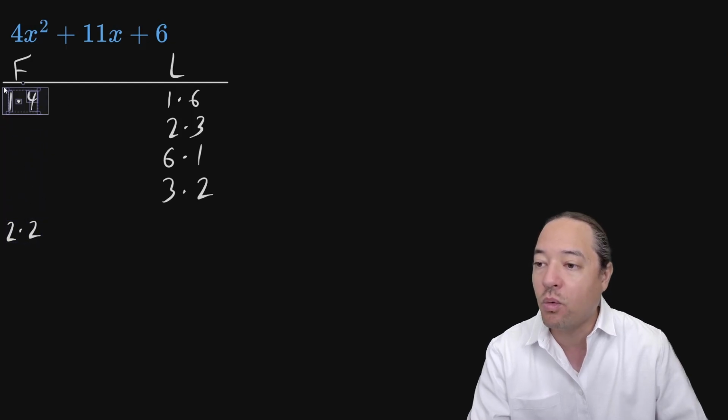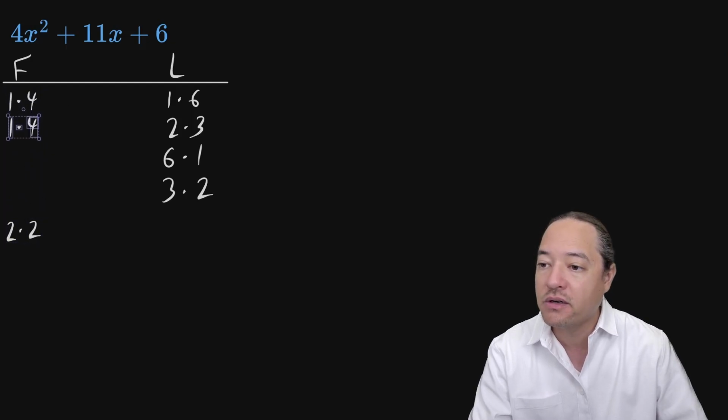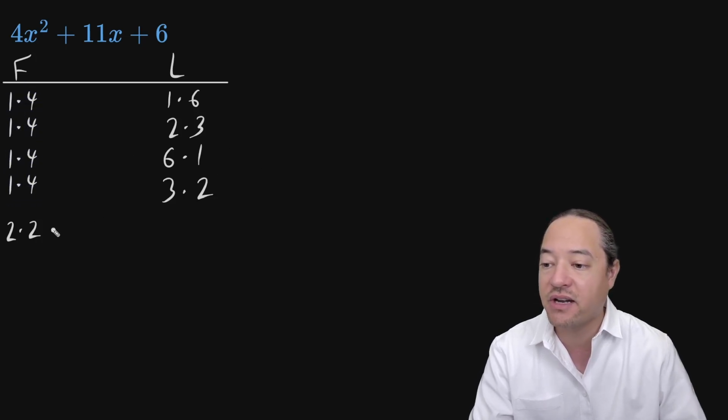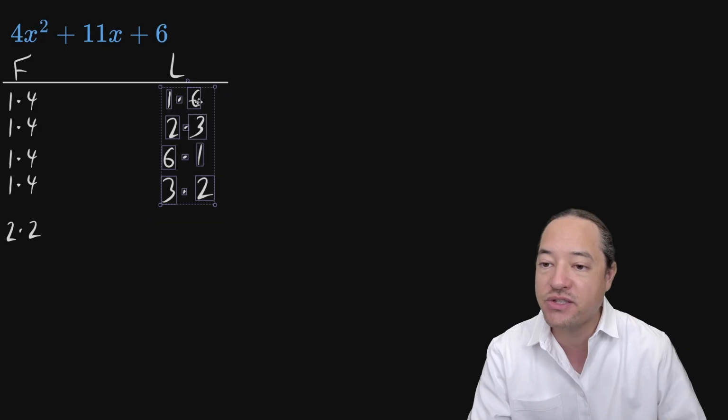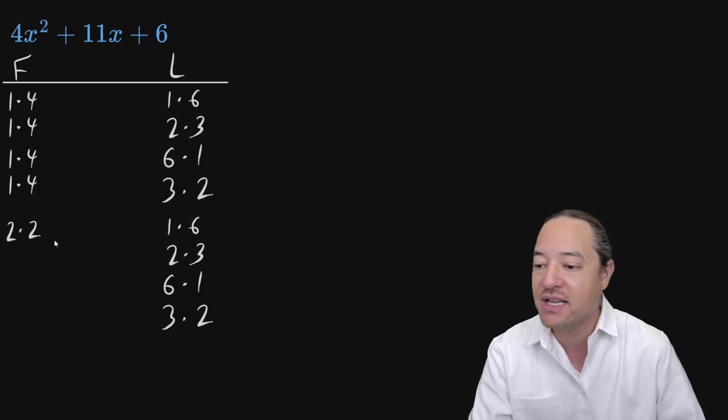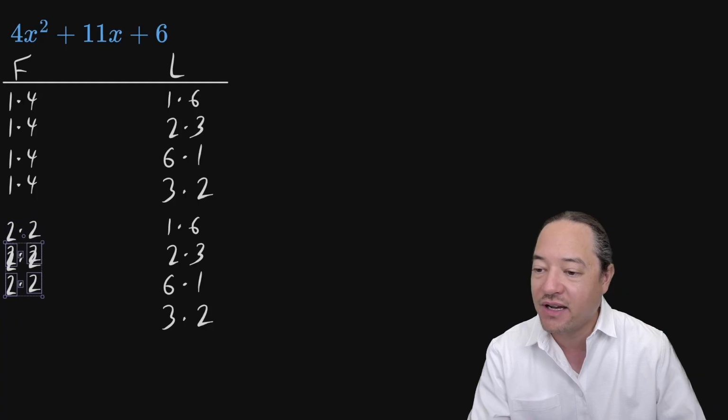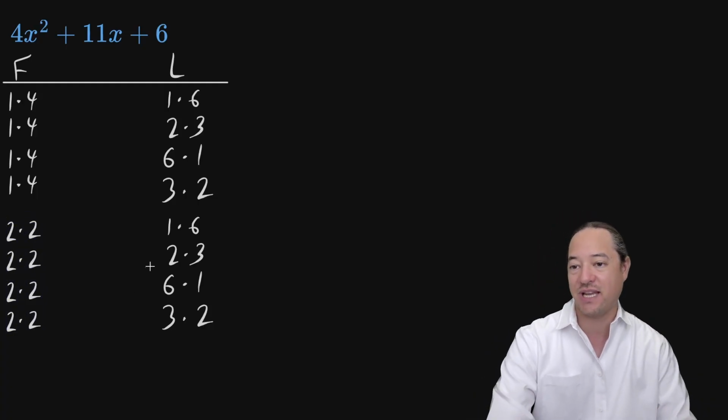It's going to be a 1 and 4 for each of these possible pairs of factors there, and then 2 and 2 is also going to be the same, so we have to duplicate these, and now we can try pairing them up with the 2 and 2 as the first terms. Okay, so look at this now.